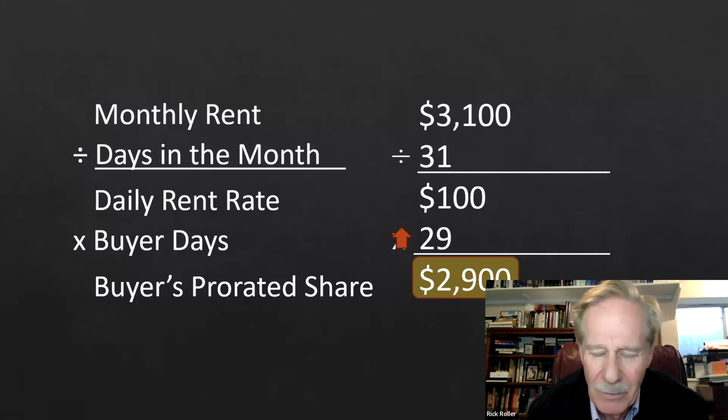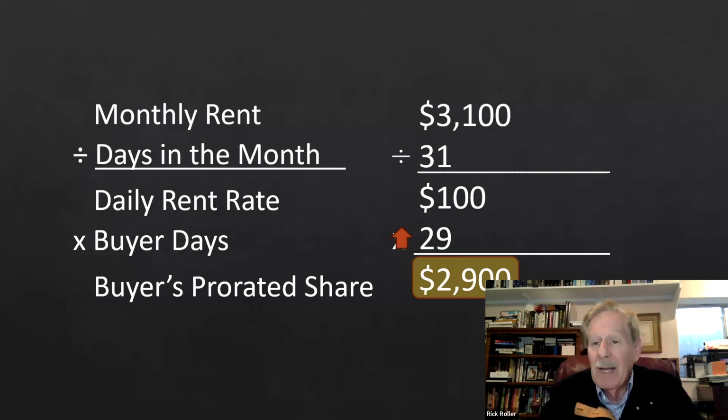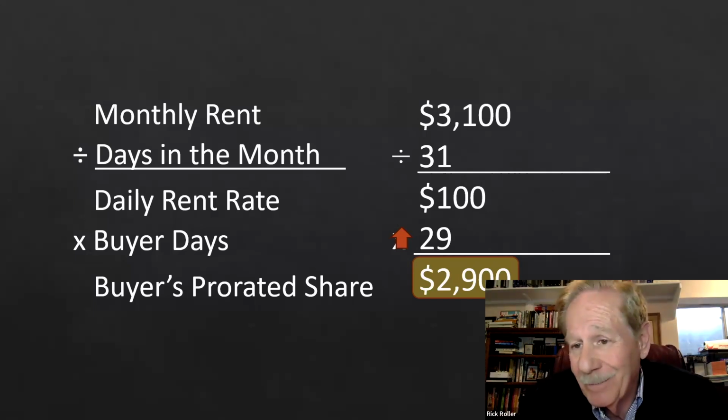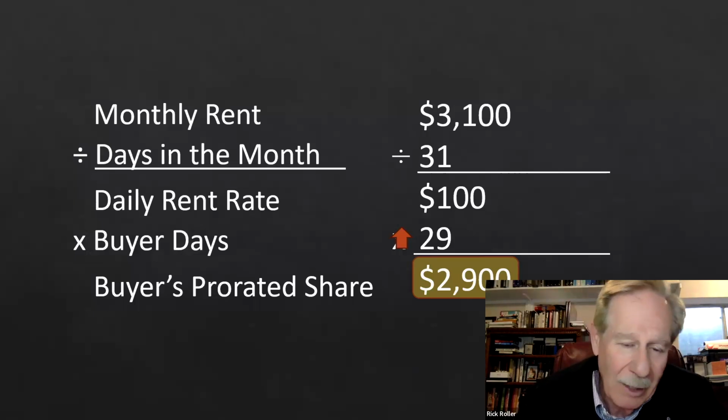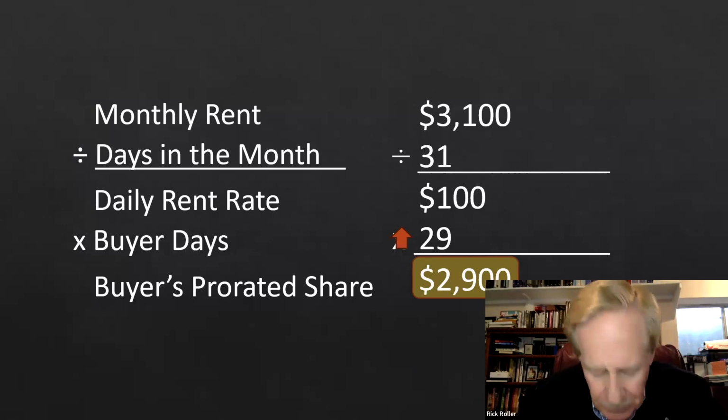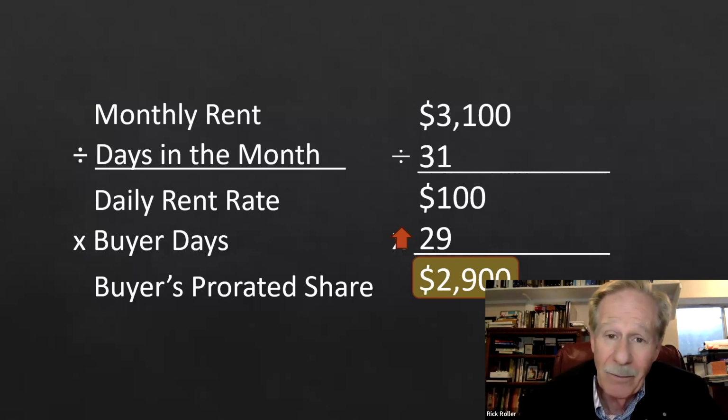And the title companies are pretty accurate, but someone has to tell the title company it's a rental, and they're going to have to tell them what the rents are, and what the deposits were that the buyer gave to the seller, so they can take them from the seller and give it to the buyer.